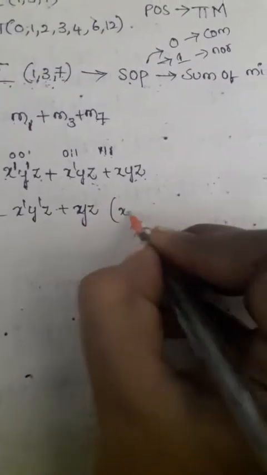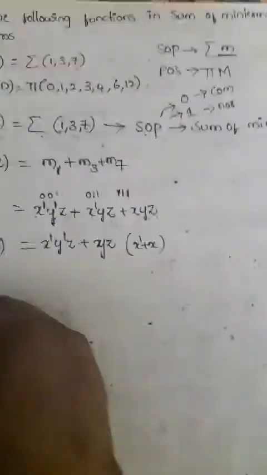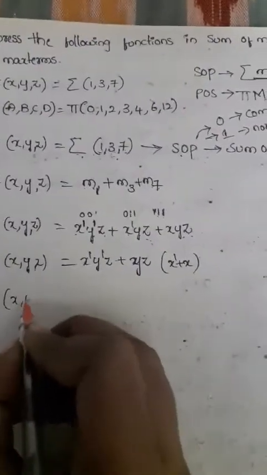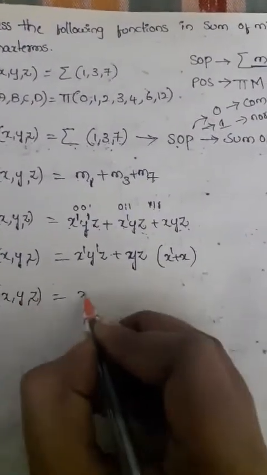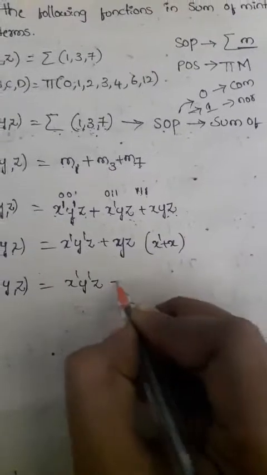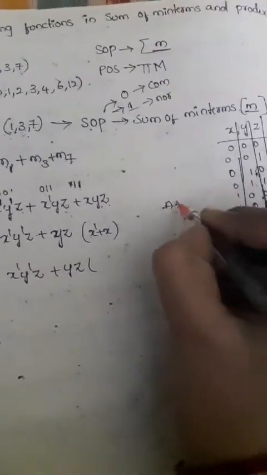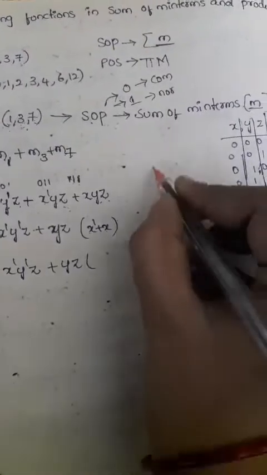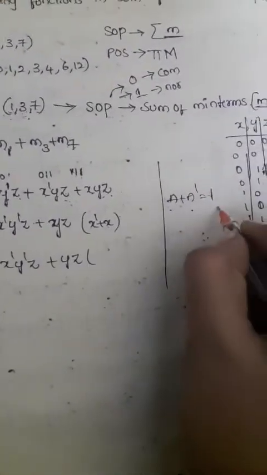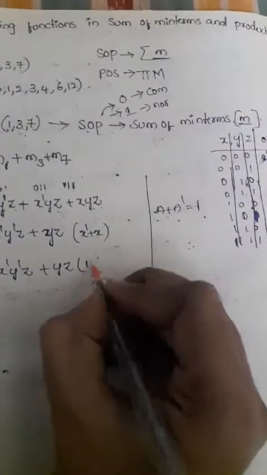The remaining term is x complement plus x. So function of x y z is equal to x complement y complement z plus yz into (x complement plus x). Already we know this Boolean rule: a plus a complement is equal to 1. So like this, here also x complement plus x is equal to 1.